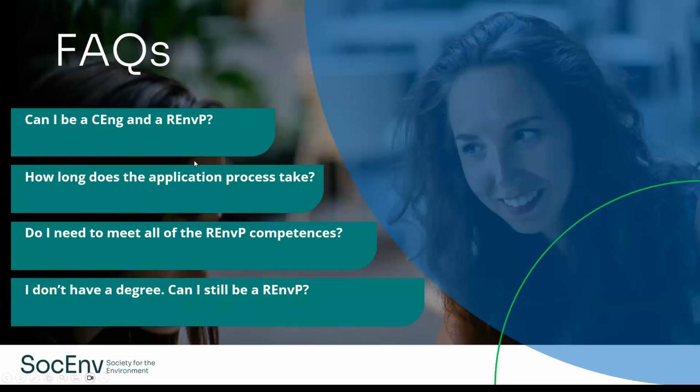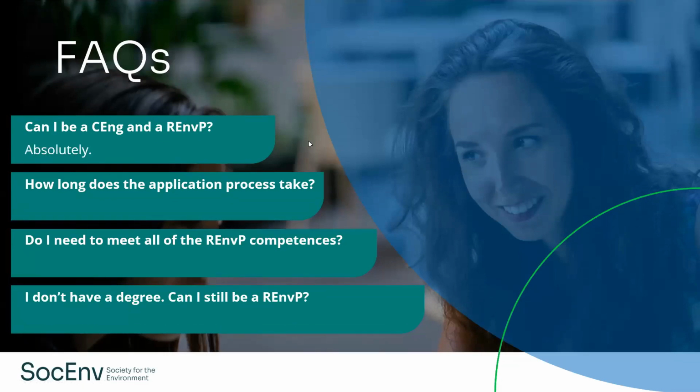Can I be a chartered engineer, a CEng, and a registered environmental practitioner or an RFP? The very simple answer is yes. Yes, you absolutely can. So you're a highly competent engineer, which is demonstrable through your CEng registration. Absolutely the right thing to do.